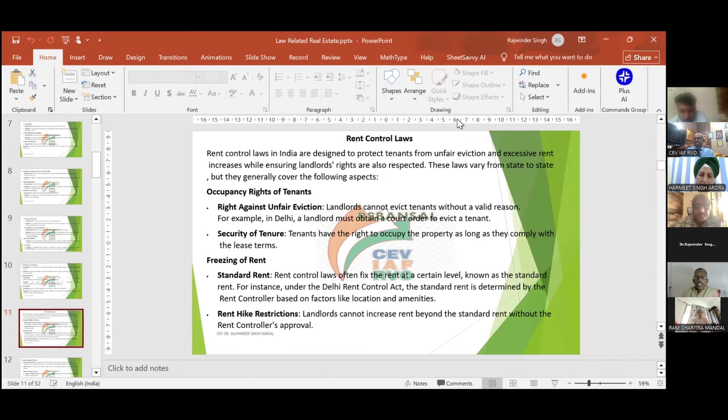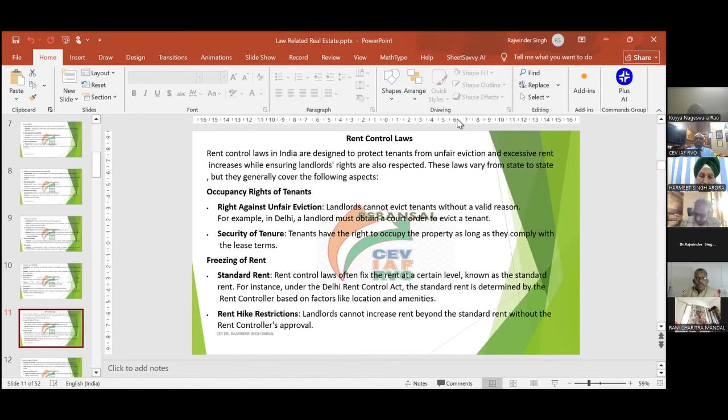As per the prevailing rent control laws, depending on the area of the rented property, location and amenities, the Rent Control Act will decide the rent of the building, I mean house. So it is the rent which is fixed by the court and is based upon the Rent Control Act of the state.